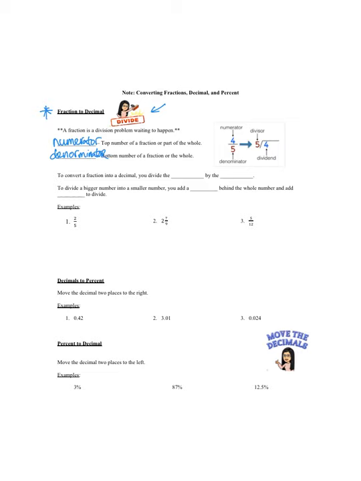To convert a fraction into a decimal, you will divide the numerator by the denominator. To divide a bigger number into a smaller number, you will add a 0 behind the whole number and then add the decimal.